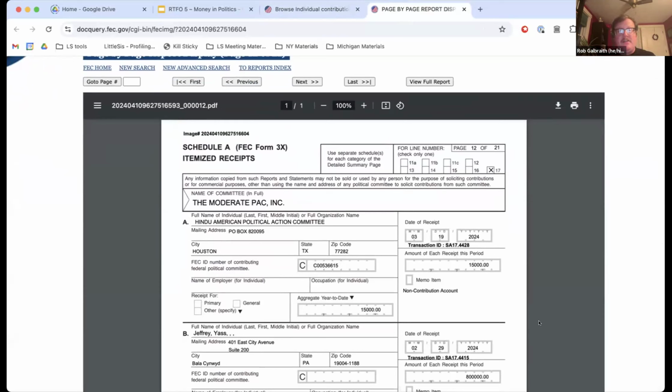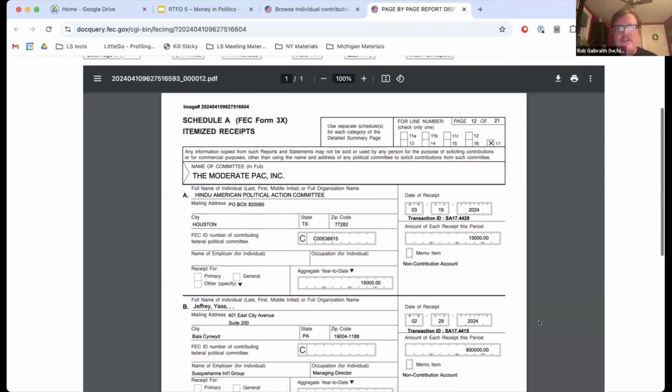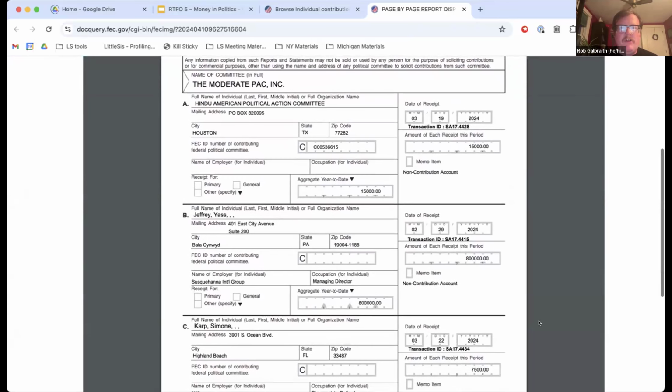Now, these used to actually be handwritten pages. Now, almost entirely they're digitally generated. But if we scroll down here, there's room for basically 3 donations on each page. And right here on B, we have the donation from Jeffrey Yass. It gives a street address, city and state and zip code.